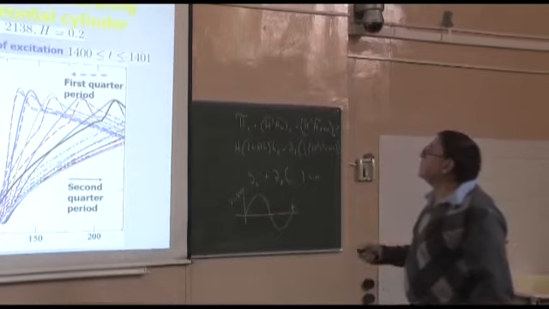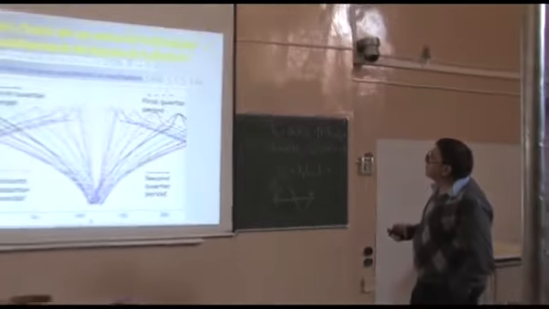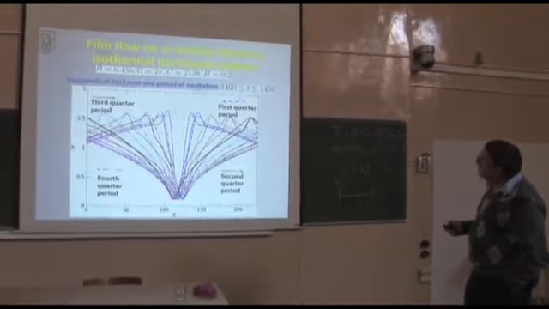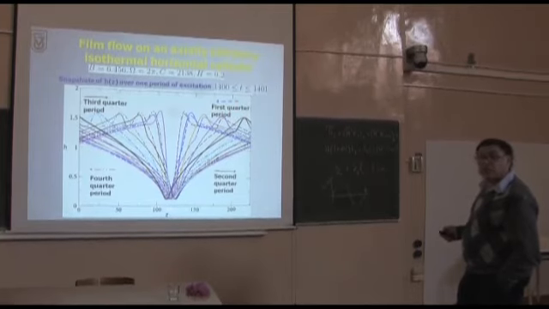Having this in mind, start with this and look at the dashed curves. During the first quarter period, this guy follows these dashed curves. First it looks like this, then something like this, and then like this. So it goes to the left in this sense.